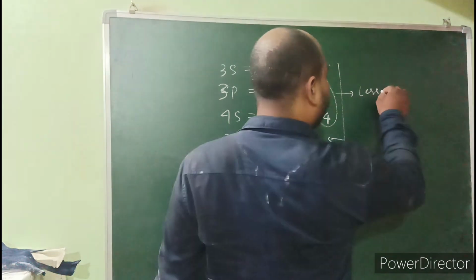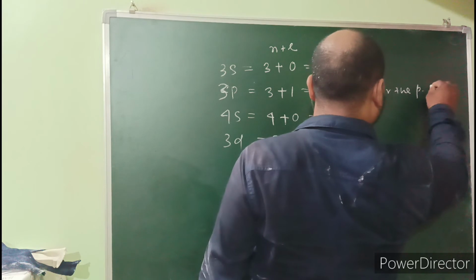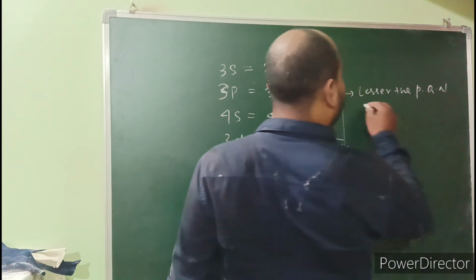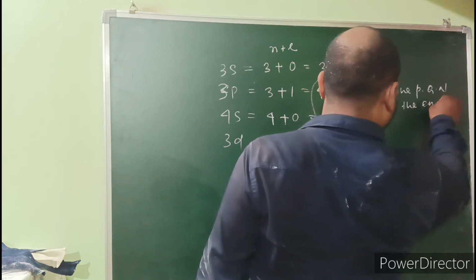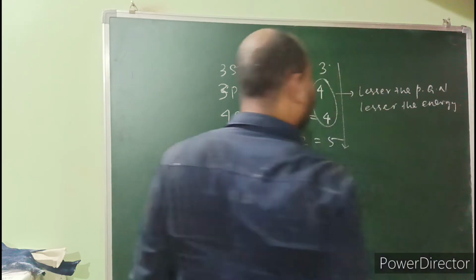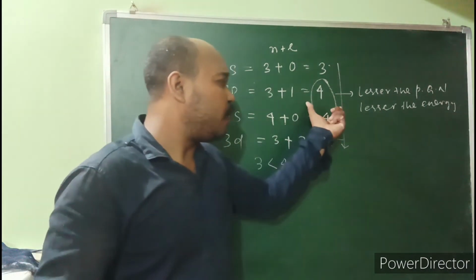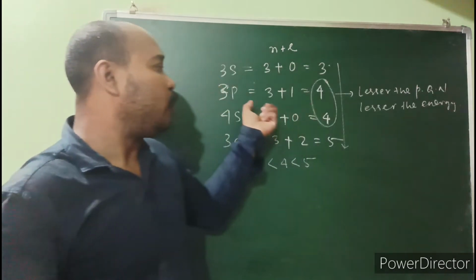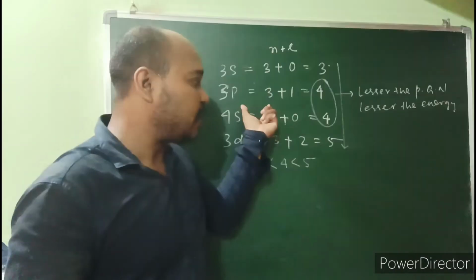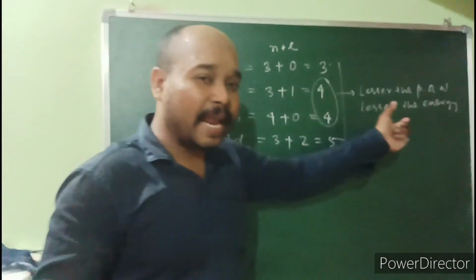When two orbitals have the same n plus l value, the lesser the n value, or the lesser the principal quantum number, the lesser is the energy. So when the n plus l value remains the same, we find whose n value, meaning principal quantum number, is less. The lower the principal quantum number, the lower the energy.